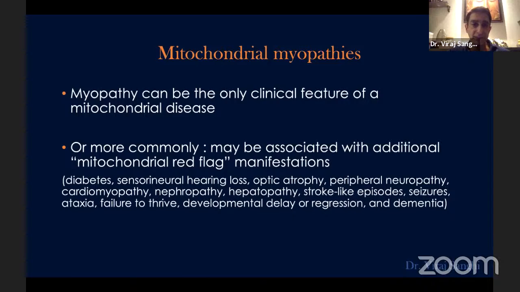As we spoke about a little earlier, these could be diabetes, deafness, optic atrophy, peripheral neuropathy, an associated cardiomyopathy, liver disease, kidney disease, stroke-like episodes, seizures. So any of the other mitochondrial red flag manifestations may be associated with these myopathies, but myopathy is usually the predominant feature of these disorders.